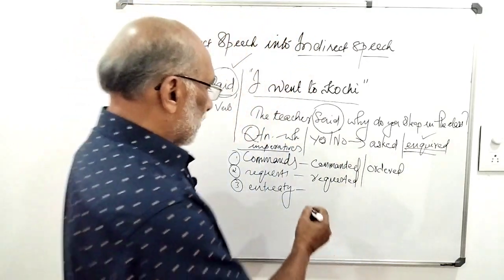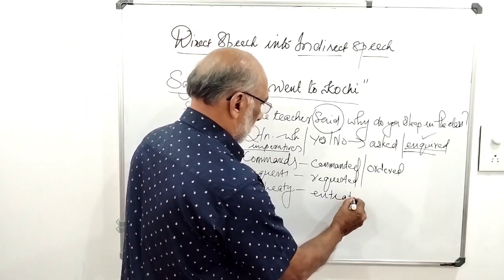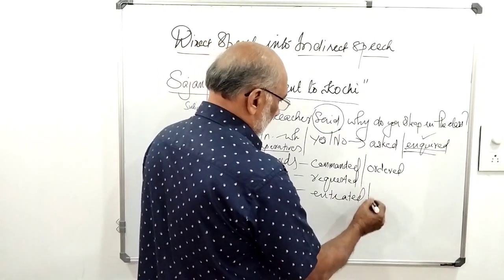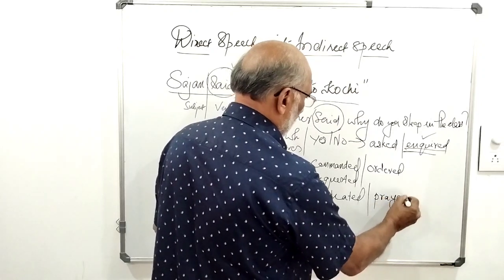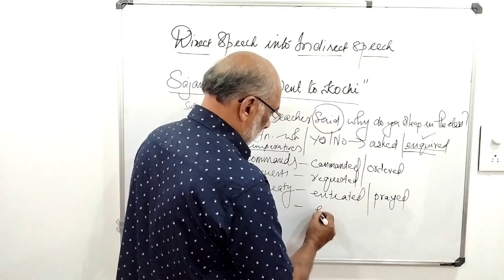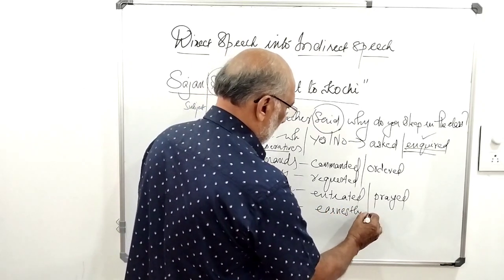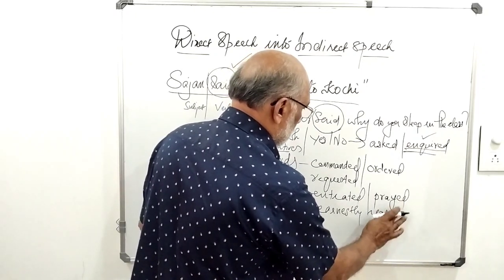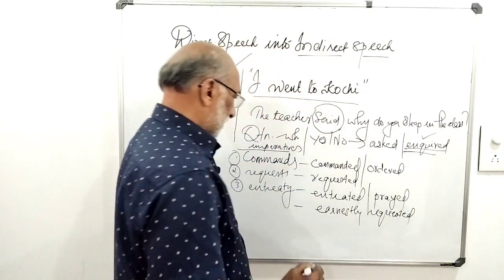So we can use entreated. First choice to report an entreaty is entreated, or you can even use prayed. Okay, an entreaty is an earnest request. So if you want, you can use earnestly requested. These are the two choices that you can use.